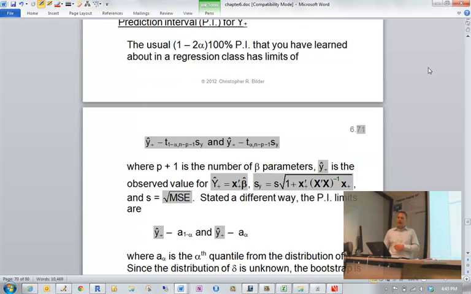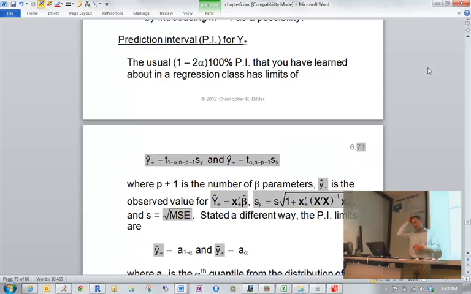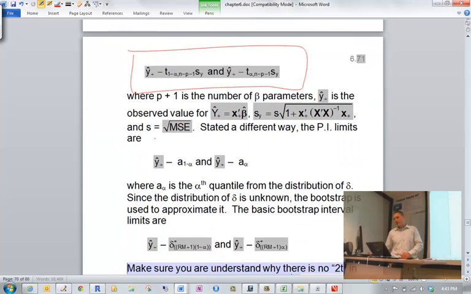Okay. So now that we know how to do the resampling and how to calculate delta star, let's talk about prediction intervals. The standard prediction interval that you will learn about in a class like Stat 870 looks something like this. You take y hat, your point estimator, subtract off the 1 minus alpha quantile from a t distribution, times the standard error that you need.